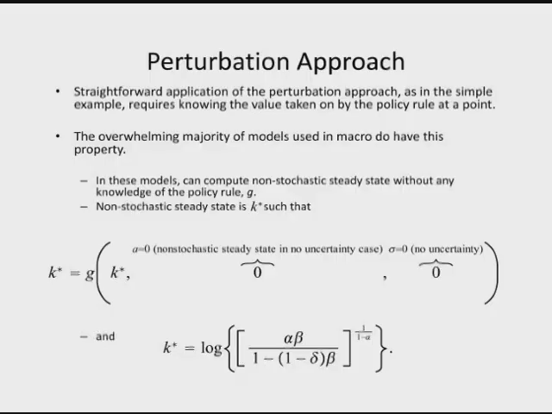This paper with Fisher was completely devoted to occasionally binding constraints and goes into many different issues about that. But it should be obvious that even if you have inequality constraints that bind sometimes and not other times, you're still basically in the environment that I laid out, even with my toy example.